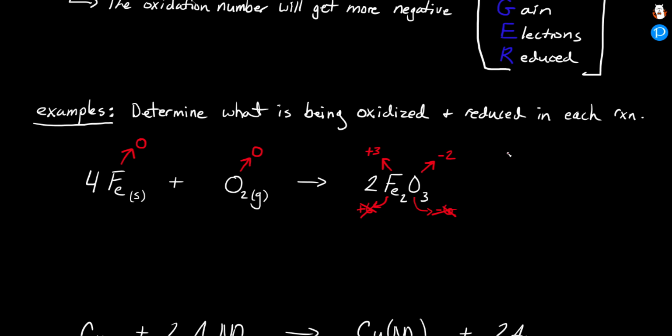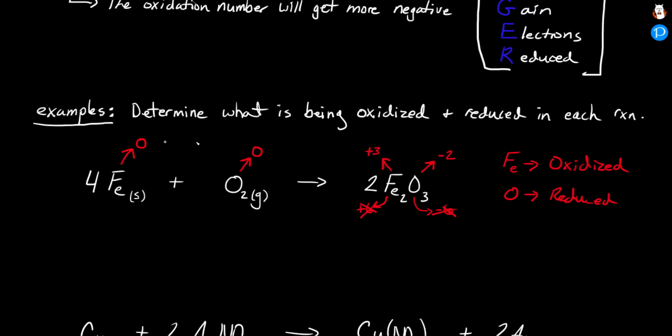And so therefore, iron in this case is the thing that lost electrons, so it is oxidized. And the oxygen in this case is the thing that is reduced, because it's the thing that gained electrons. Gaining electrons, reduced. And that's how simple these oxidation reduction reactions are.